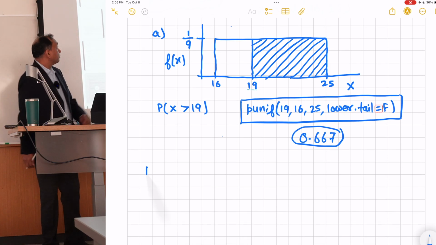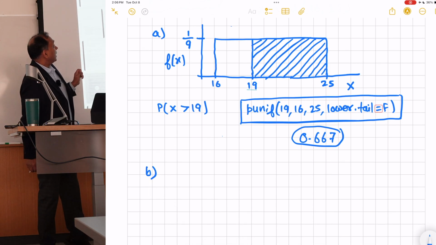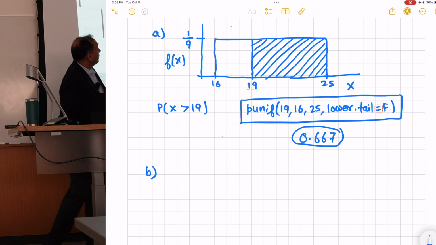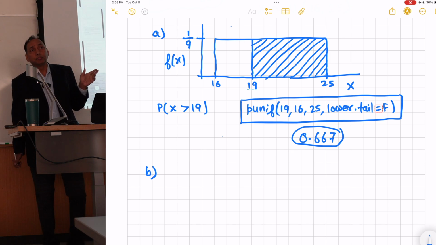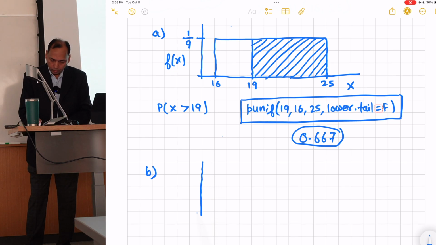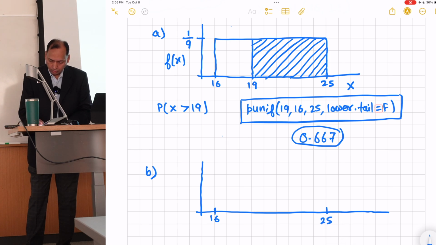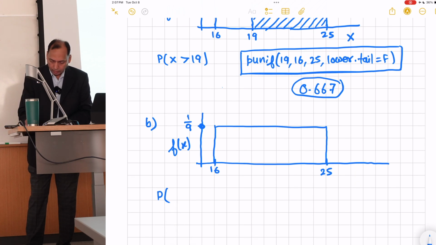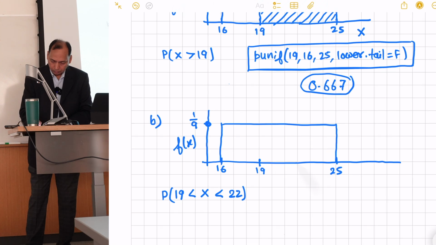Part B is find the probability that the value of the stock is between 19 and 22. So now you have a range. So this is going to look like this. So you have 16, 25, and we are interested in this part.